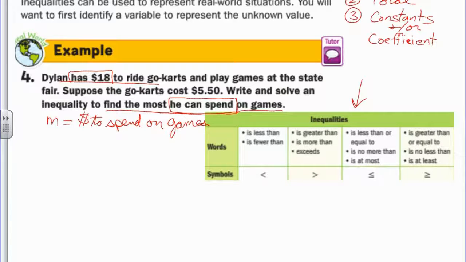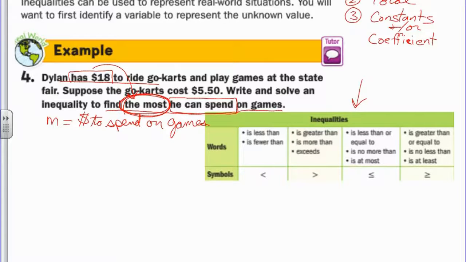When you find your total in an inequality problem, you're going to have to ask yourself, is that the maximum amount of money he has, the most amount of money he has, or is that the least amount of money he's going to spend, or the least amount of money he's going to have? And in this problem, the $18 is the most he has.